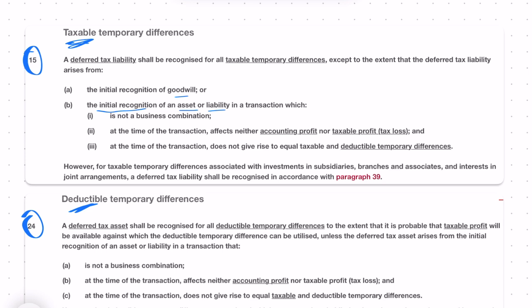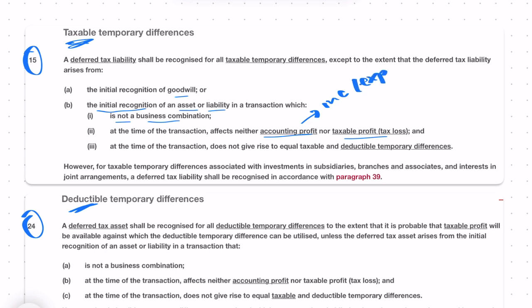So the first thing is it must not be in a business combination. Okay, and when we're thinking about leases, typically that is the case because we're looking at the financial statement level, so we're all good to go. Then at the time of the transaction, it must affect neither accounting profit nor taxable profit. Now, how do we affect accounting profit? We affect this by recognizing either an income or an expense.